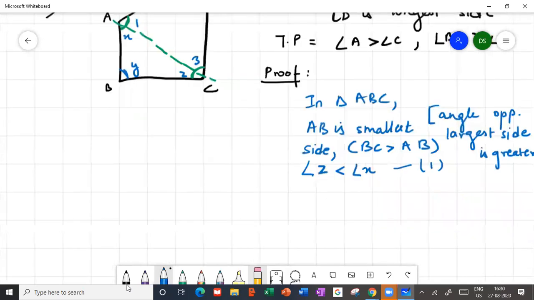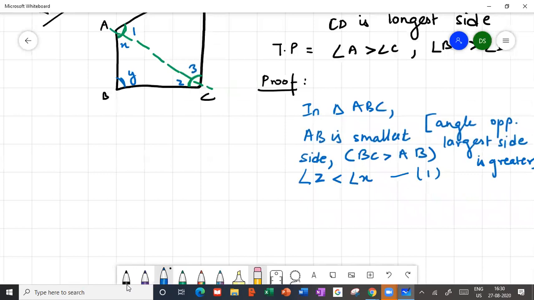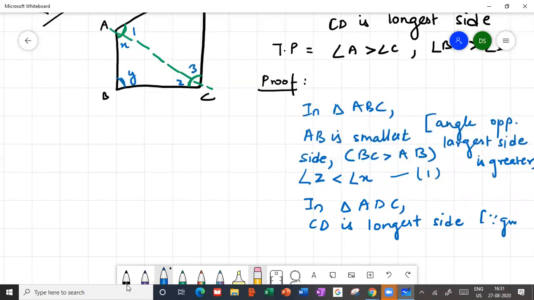Now we will take the other triangle, ADC, correct? CD is the longest side, given. So now what am I going to say? Basically we are taking these angles only which we need to prove. So A and C, done.